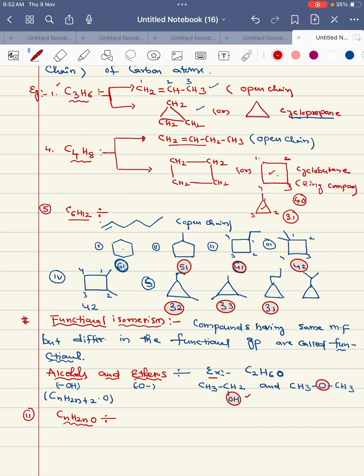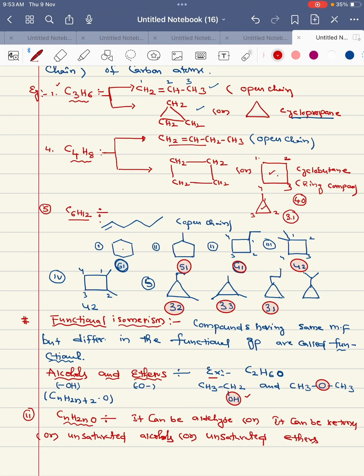With the general formula CnH2nO, it can be an aldehyde, or it can be a ketone, or unsaturated alcohols, or unsaturated ethers, or it can be cyclic ethers also.